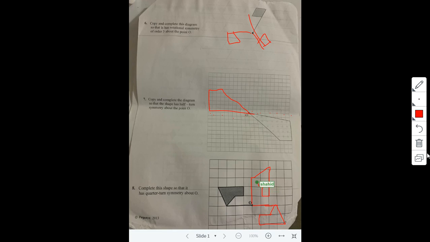Wait a minute, let me see. Yeah, that's correct. Okay, yeah. Whenever this, then the opposite would be on this way. Okay.